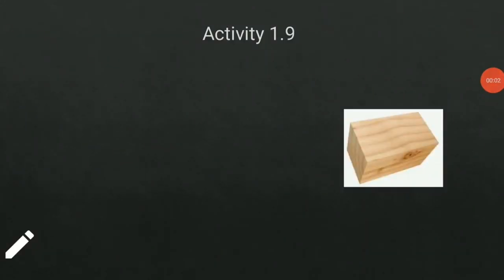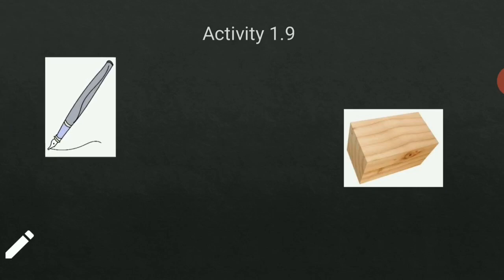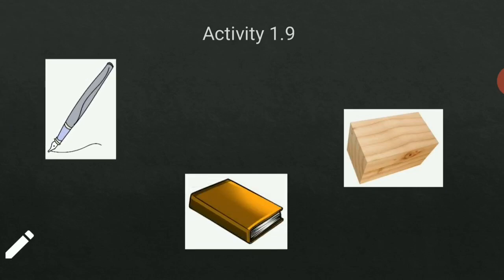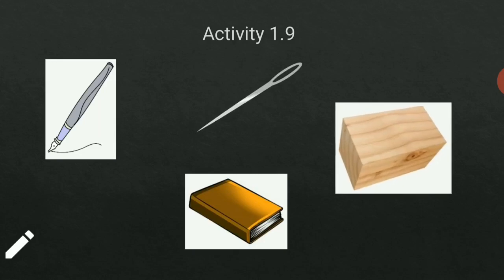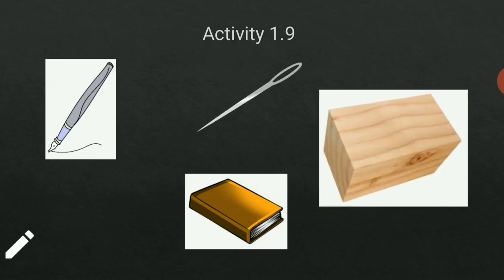Talking about the activity 1.9 of your book, if we take a pen, a book, an iron needle, and a wooden block, and if we apply pressure on all these four items, or if we pull or hammer all these four articles shown in the figure, the behavior will be different for each article.